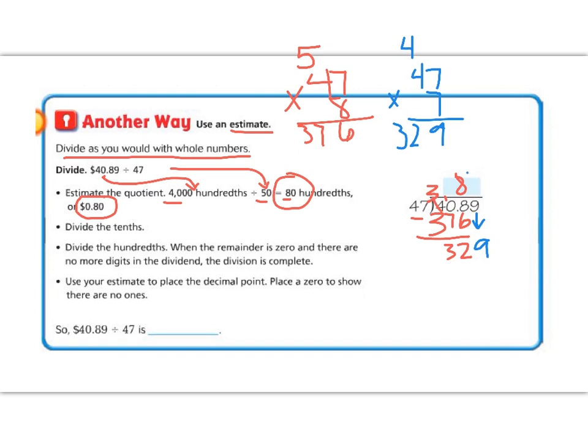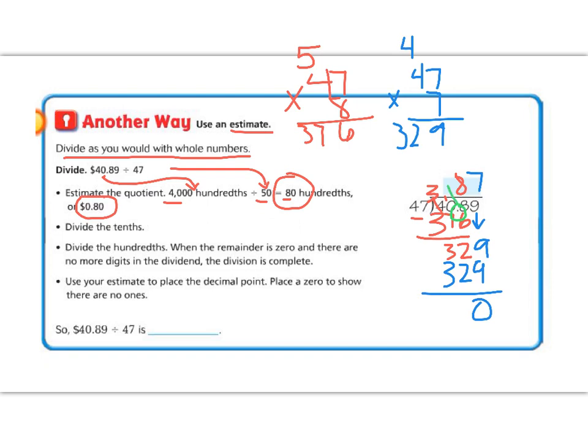So remember, we multiplied by 7 on top, and 329 goes underneath, and then we subtract. No remainder. So if we look at these two numbers on top, we know that we're going to need a decimal. And just like we did before, the decimal is going to start where it is and jump straight up on top of the house.